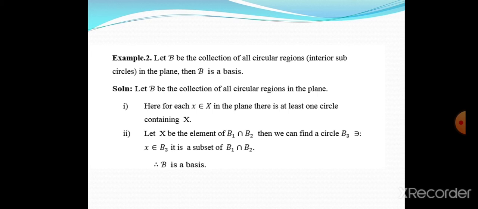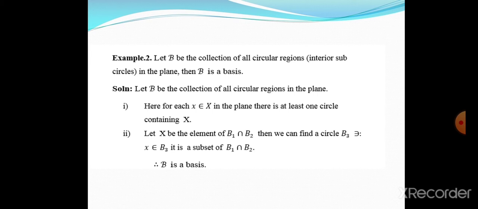Let x be an element of B1 intersection B2, where B1 is the first basis element and B2 is the second basis element. Then we can find a circle B3 such that x belongs to B3, which is a subset of B1 intersection B2.